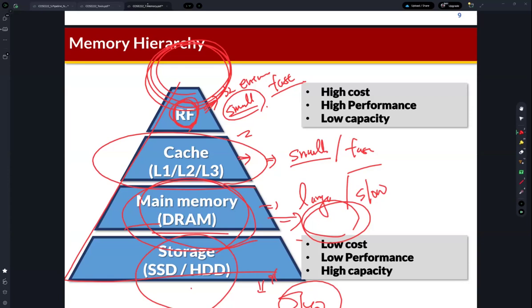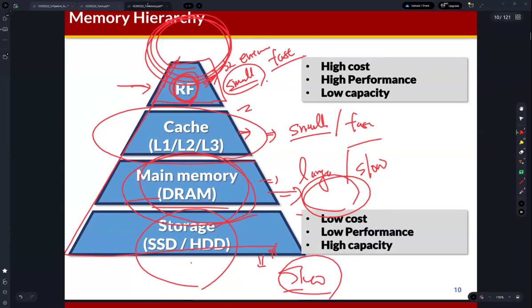So we can observe that the higher level of this memory hierarchy includes the fast memory, but the size is small. If the hierarchy level is low, like the storage, the size is large, but it's very slow.